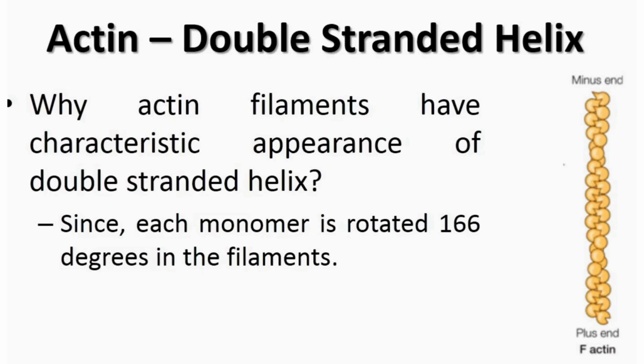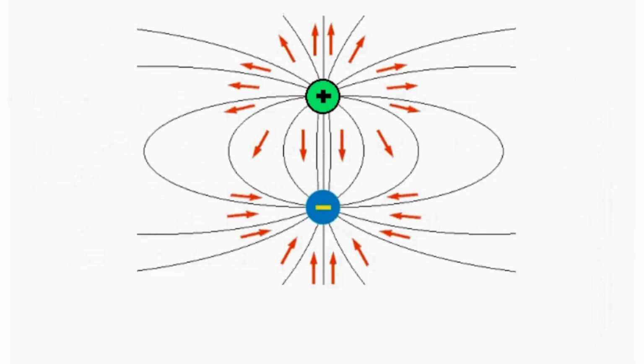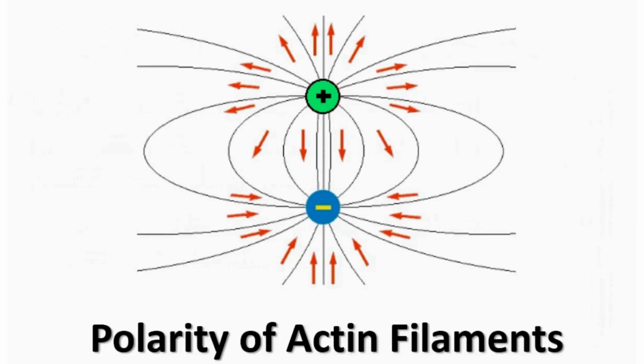With this explanation of the G-actin, which forms dimer followed by trimer and followed by the filamentous appearance, it's time for us to focus on the polarity of actin filaments.